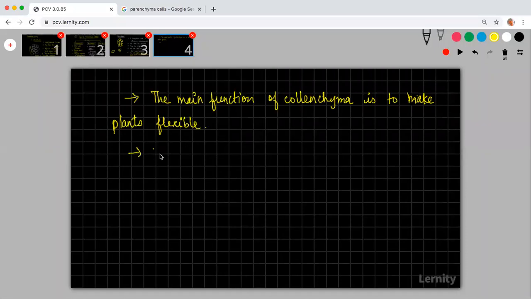They are found where? They are found in the flexible parts of the plant.